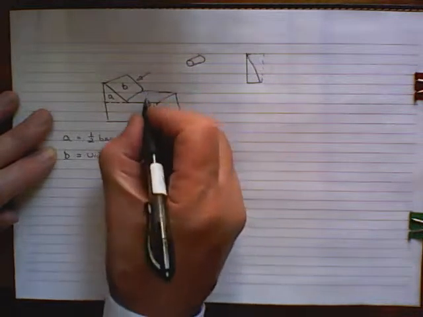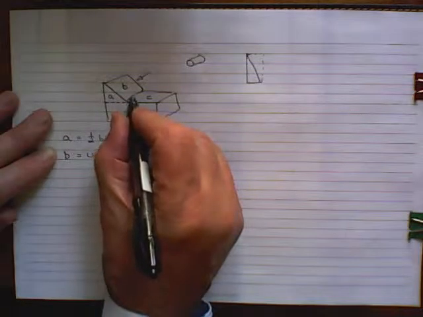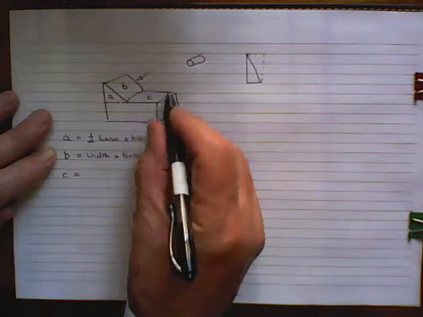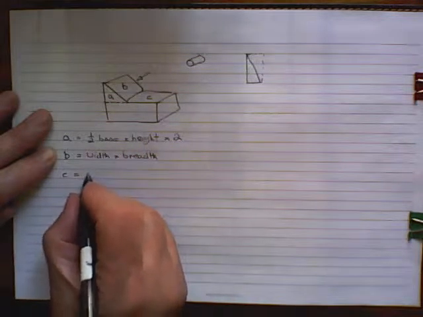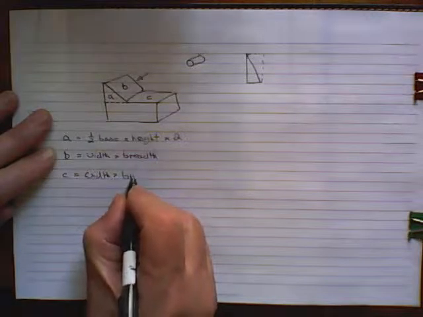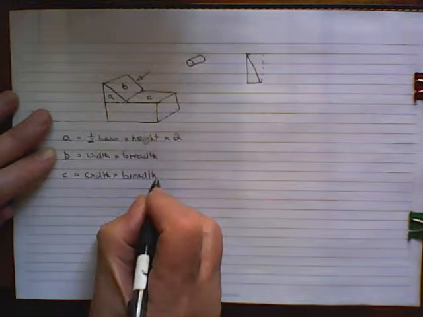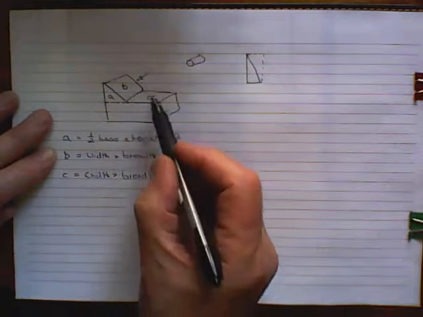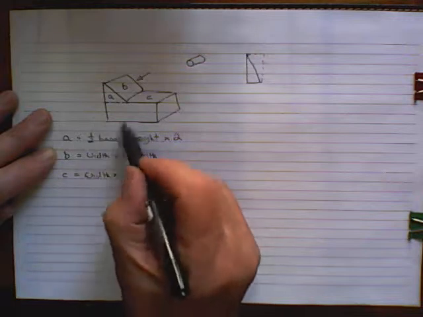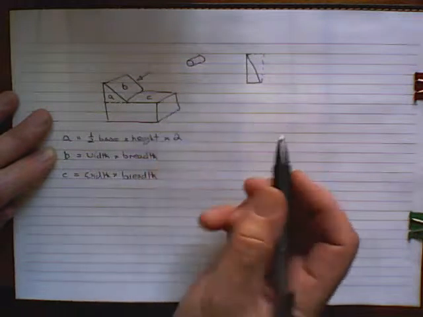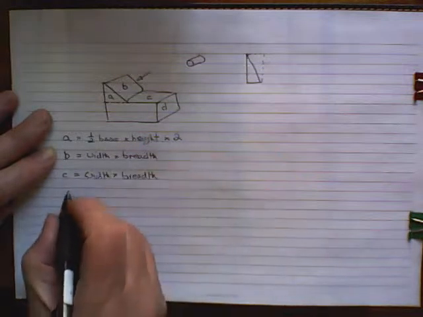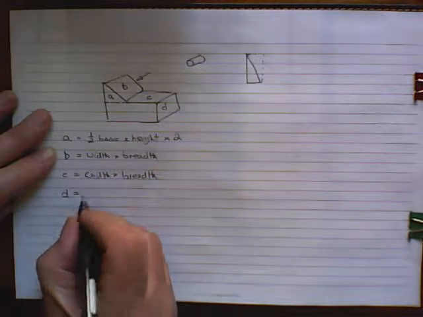That's fine. Let's identify another one, C. This area here, C, is again the width times the breadth. And again, it is only times 1. There's only 1 of them. There isn't another one. Shall we, okay, A, B, C, oh, okay, D. Now, D is different.